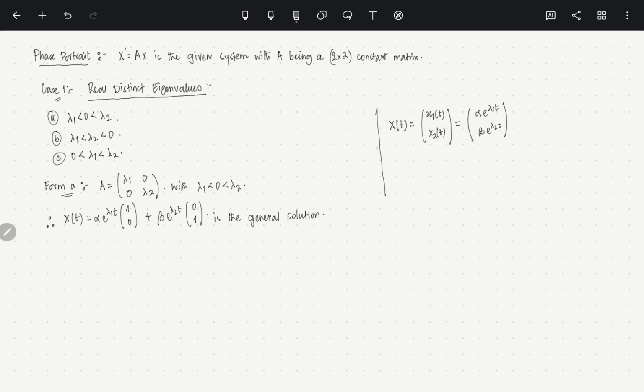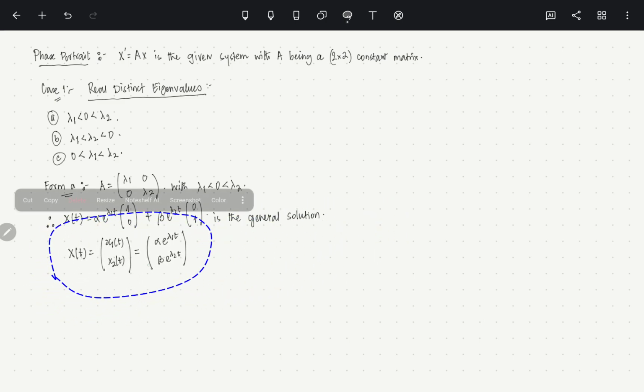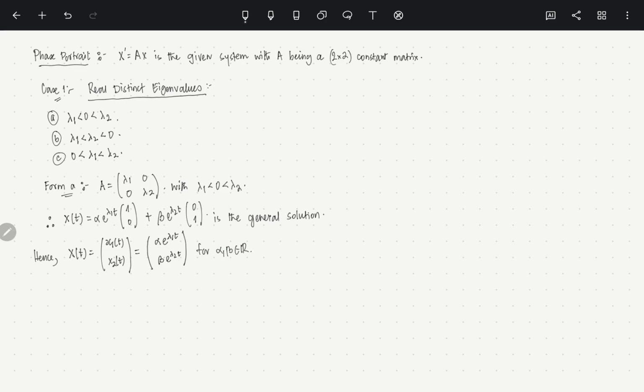That's the whole idea. Hence x(t) is this for alpha, beta in R, an arbitrary alpha and beta.